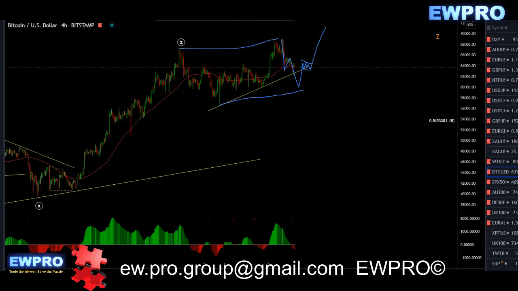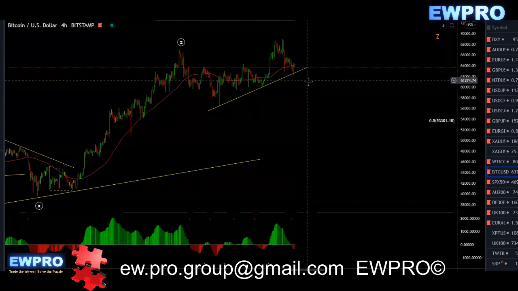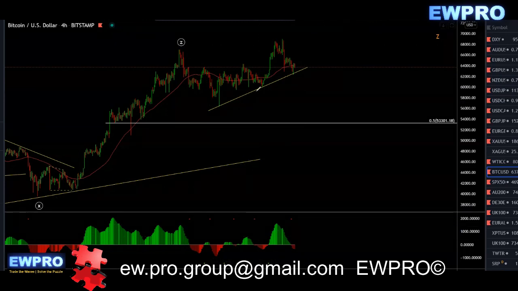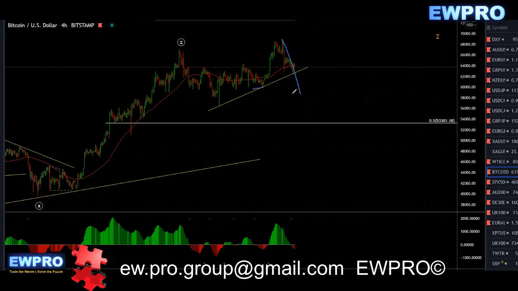That's the only way I'd be looking to buy it. And you can't really sell it either until you take out that possible bull hidden. So if you're looking for the sell, you want to take out that possible bull hidden and then look for your sell.